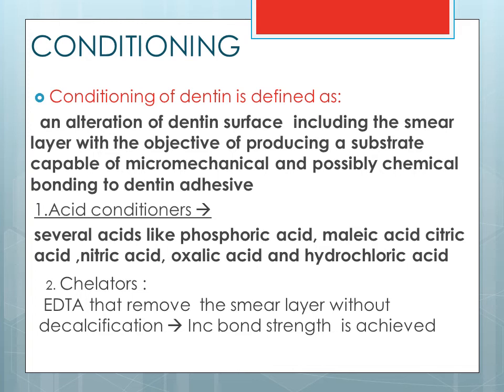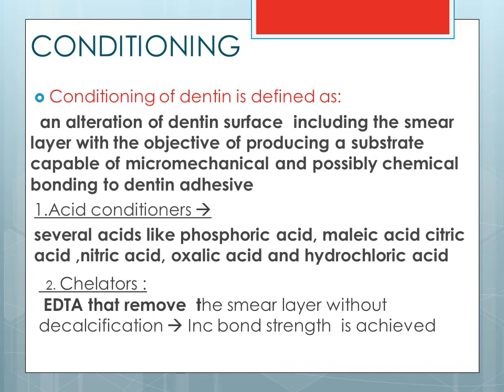They cause opening up of the collagen fibers and dissolution, so that the surface area is increased. Chelators, on the other hand, remove the smear layer and do not cause any kind of decalcification or dissolution. An example of a calcium chelator is EDTA. And as a result, increased bond strength is achieved. So these are the two techniques of conditioning the dentine.